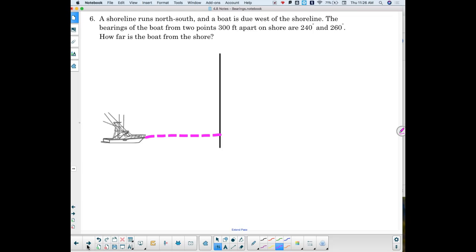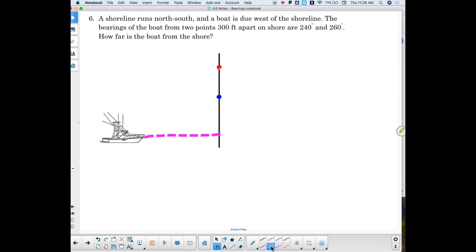The bearings of the boat from 2 points 300 feet apart. So here's my first point, here's my second point, and this distance here is 300 feet.